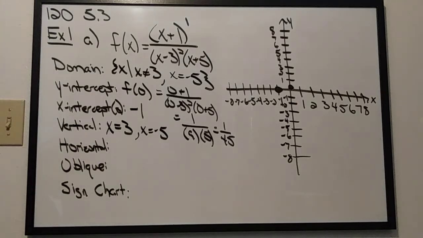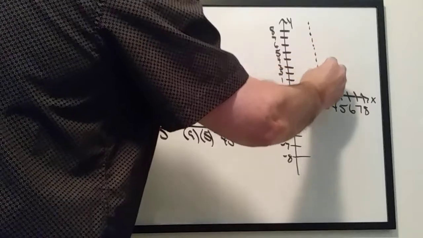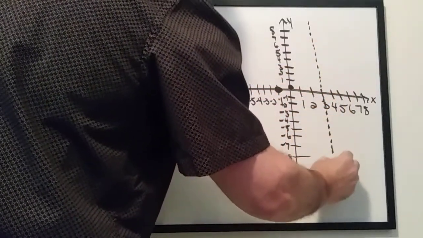So now that we have those two pieces of information, let's go ahead and put those on our graph as well. X equals 3 is a vertical asymptote. And what we saw in section 5.2 is that a vertical asymptote is a dashed vertical line that our graph is going to approach. So, okay, let's go to x equals 3 and put a dashed vertical line there.